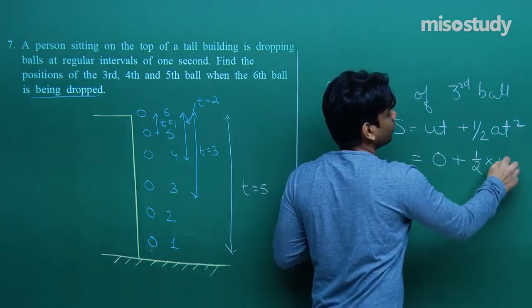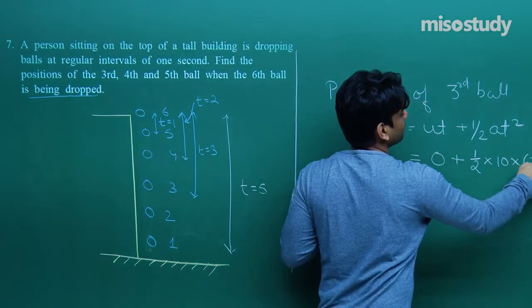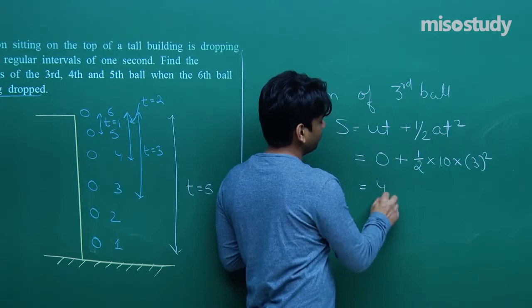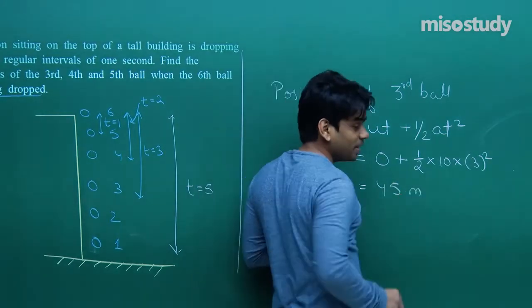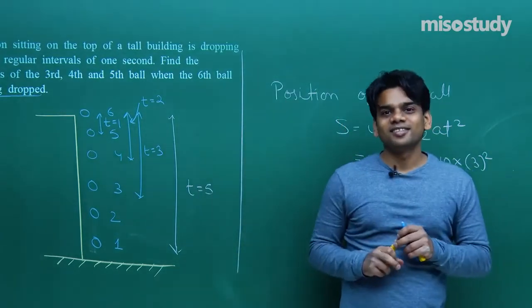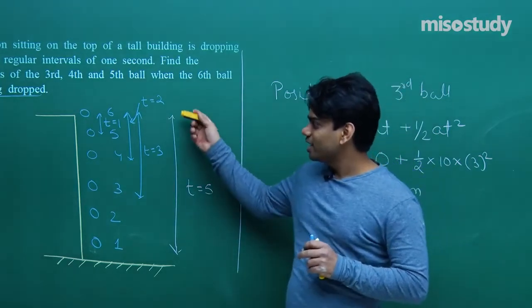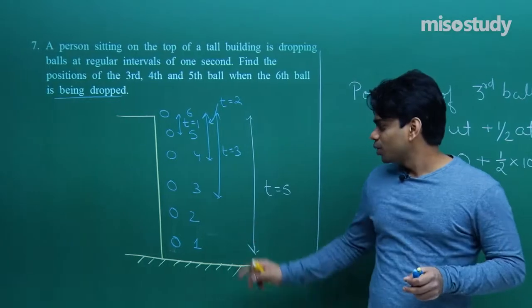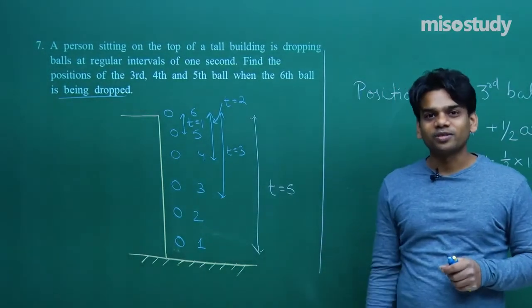Let's keep the a value as 10 and the t value as 3. So you are going to get 9 into 5, that is 45 meter. That means at a depth of, or let's say at a level of 45 meter from the top of the building, the ball would be positioned. It will be somewhere here, that is 45 meter.